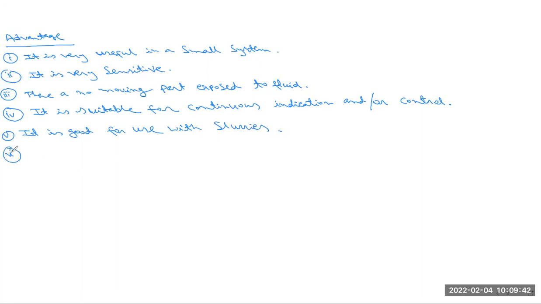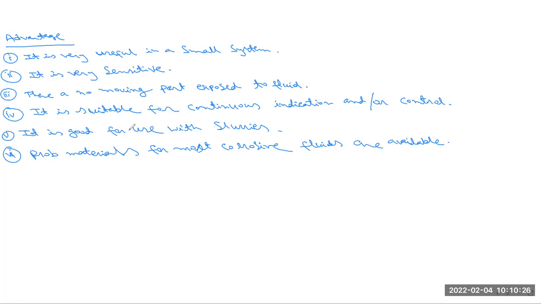And last, number six, probe materials for most corrosive fluids are available. So these are the advantages of the capacitive type of level indicator method, which is why we broadly use it in our process control industries for level measurement.